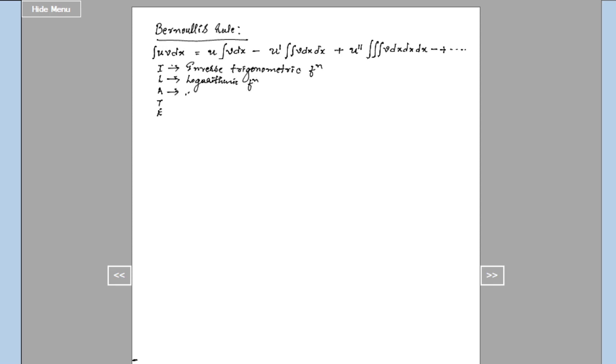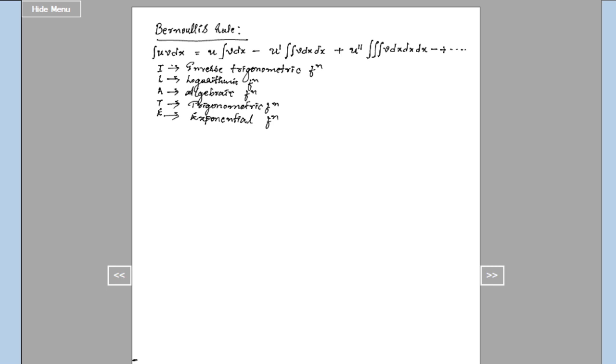A represents algebraic function. T represents trigonometric function. E represents, finally, exponential function. Once you have the knowledge of this ILATE rule, it is easy to apply Bernoulli's rule.